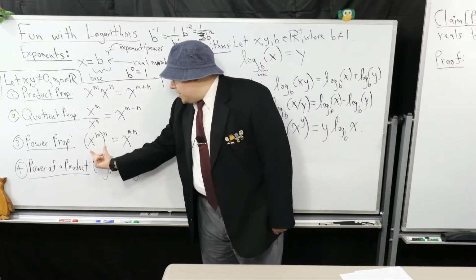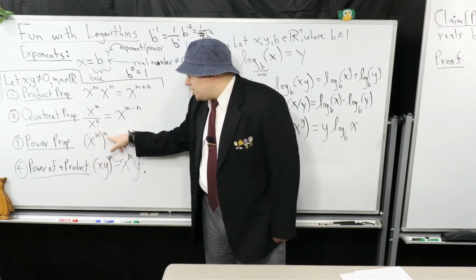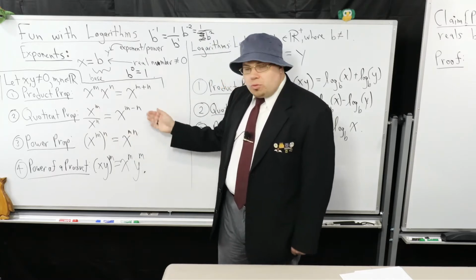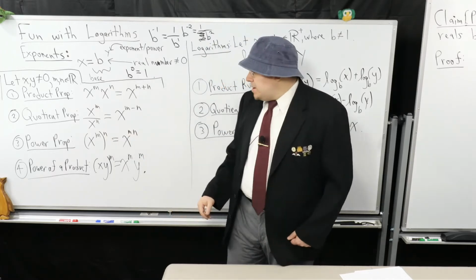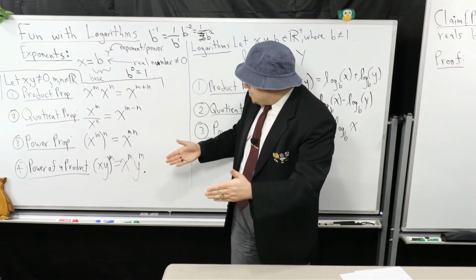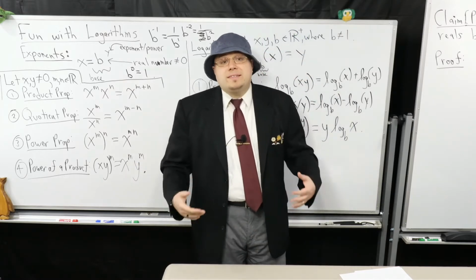If I have an exponent inside parentheses raised to a power, say n, this means it's x to the product of m times n. And there's the power of a product, which means I can split on products with the same exponent. I have examples of these in the notes.